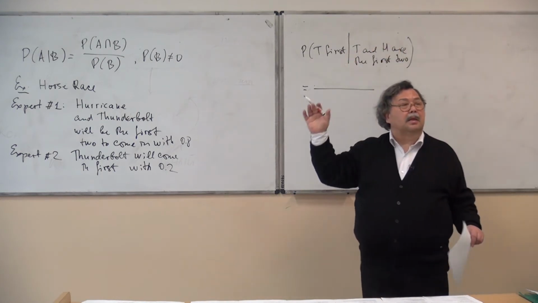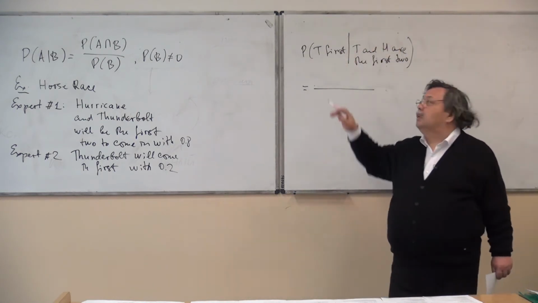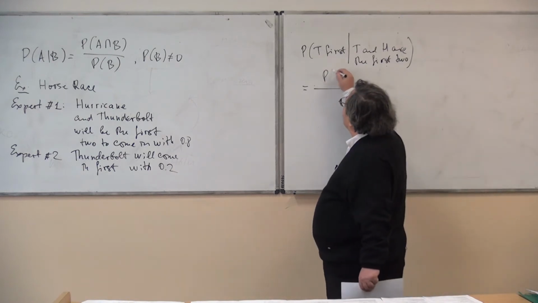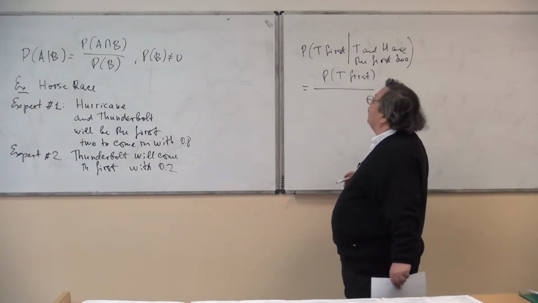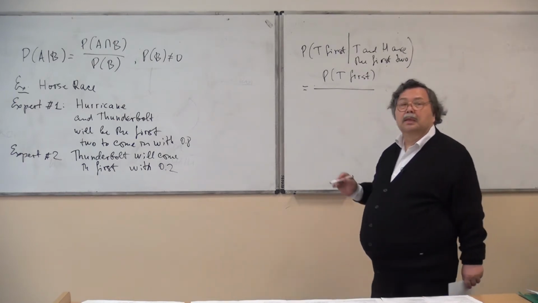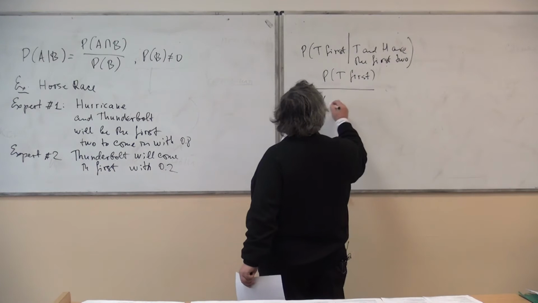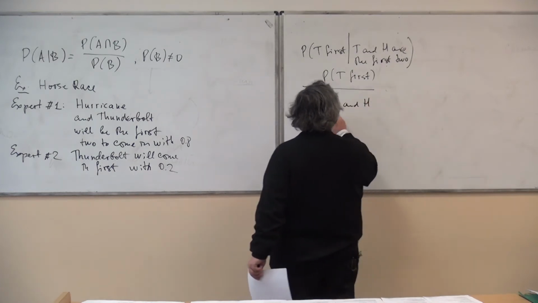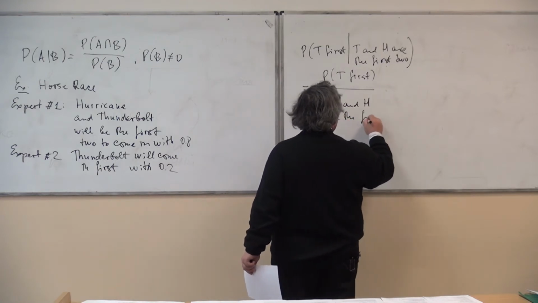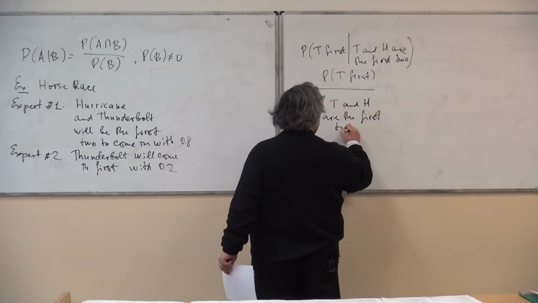So the intersection of the two is identical with the smaller set here. So the numerator is T first, and the denominator is the probability that Thunderbolt and Hurricane are the first two.